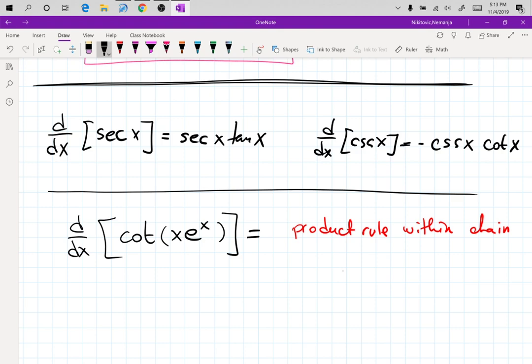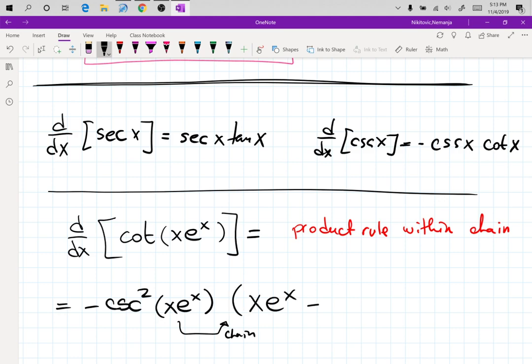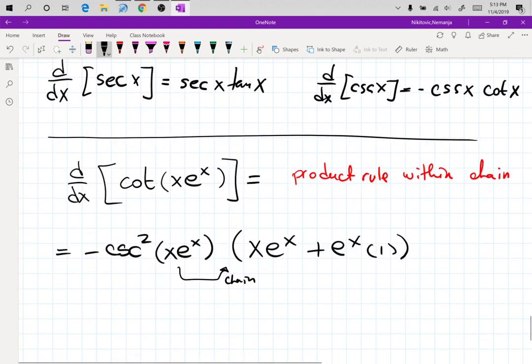Well, it's negative cosecant squared. So it's negative cosecant squared of the same thing, x e to the x. And now we have to do the chain. And the chain is going to be the product rule. Copy the first, derivative of the second, plus copy the second, derivative of the first.